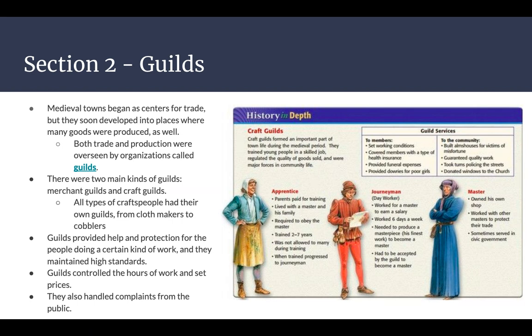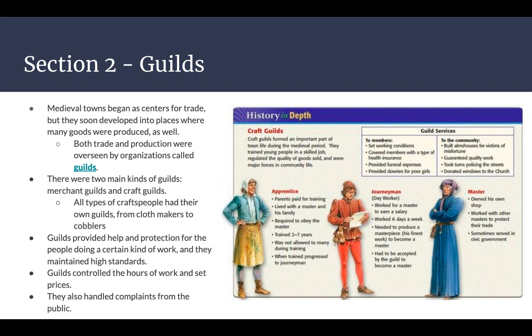There were two main kinds of guilds: merchant guilds and craft guilds. All types of craftspeople had their own guilds, from cloth makers to cobblers, who fixed shoes, belts, and other leather goods, and also the stonemasons, who were responsible for building a lot of the great cathedrals that we looked at during lesson 15.